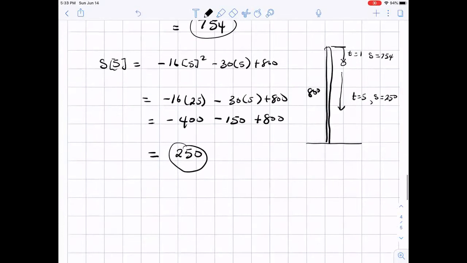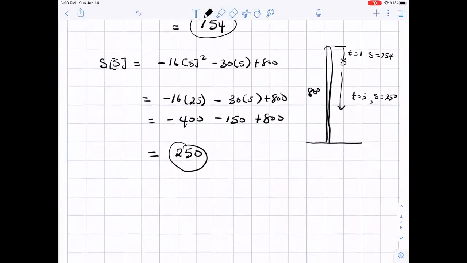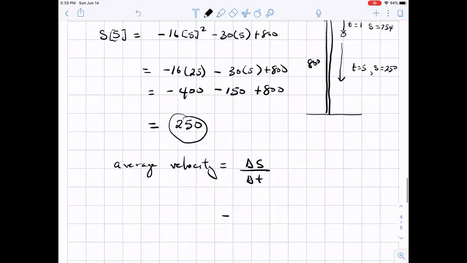So we said that the average velocity is equal to the change in s over the change in time. We'll just plug in numbers.